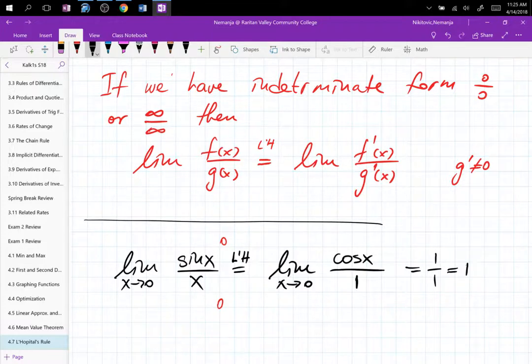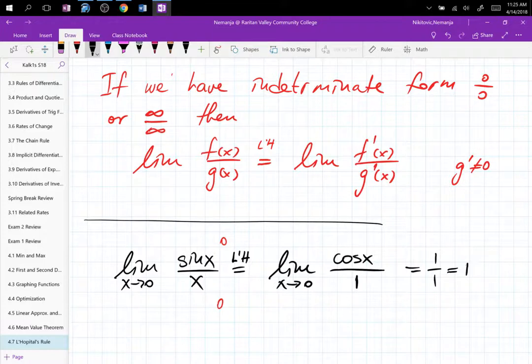L'Hopital's rule says, you copy the limit the same way, and then you take these derivatives separately. So no quotient rule. Derivative of sine x is a separate thing from the derivative of x. You take those derivatives separately, and what the rule is guaranteeing is that the answer for this problem, which you cannot do, and the answer for this problem that you can do is the same.